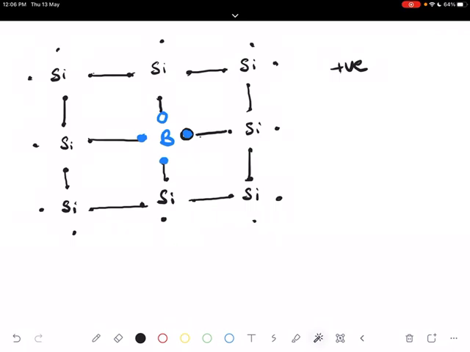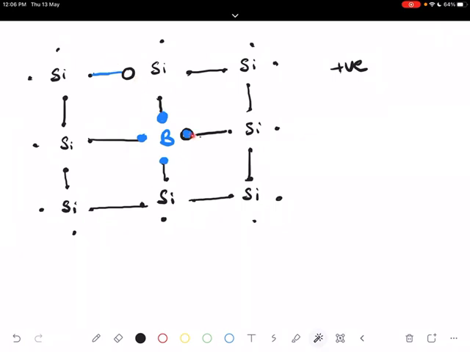Now, from this neighboring bond, one electron enters here, so this will be full, and a new hole will be developed here. So holes are moving in this direction, and electrons are moving in the opposite direction.